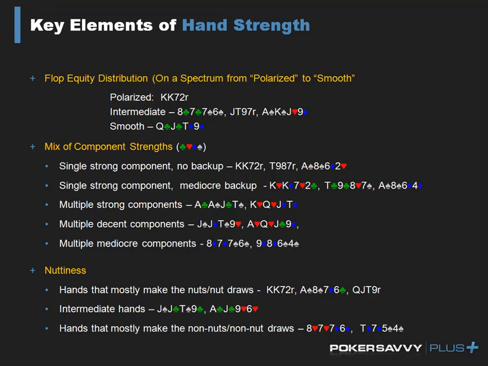Then there are single strong component hands with mediocre backup. So you add a suit to the rainbow hands, you add some minor connectedness plus a second suit to the nut flush hand, but other than some very minor additional equity that you can pick up there, a few extra flops that you like, mostly you're just looking at that single strong component hand.